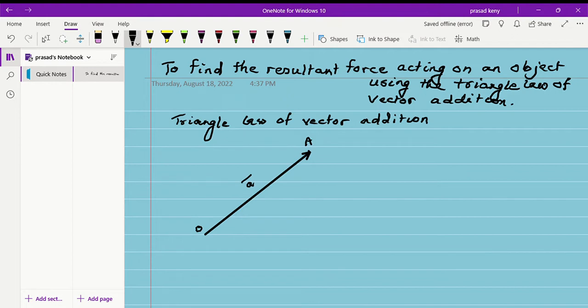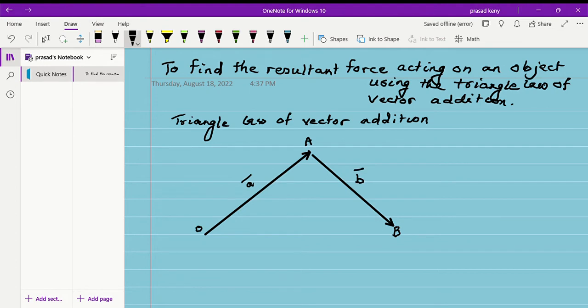I'm going to draw another vector, say starting from point A here. This is vector AB. This is B bar.